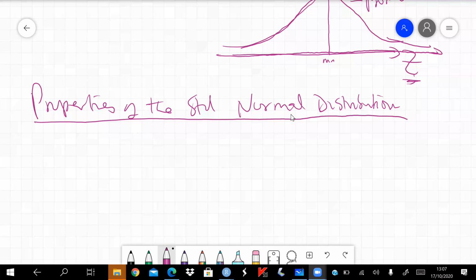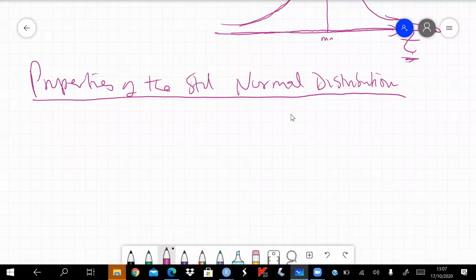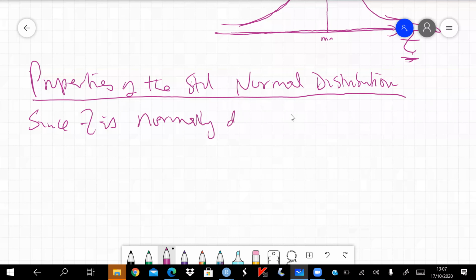So as we have mentioned, the standard normal is a normal distribution. And that means that it has the properties of the normal distribution. So we can start by saying that since z is normally distributed, the range of z is plus and minus infinity.